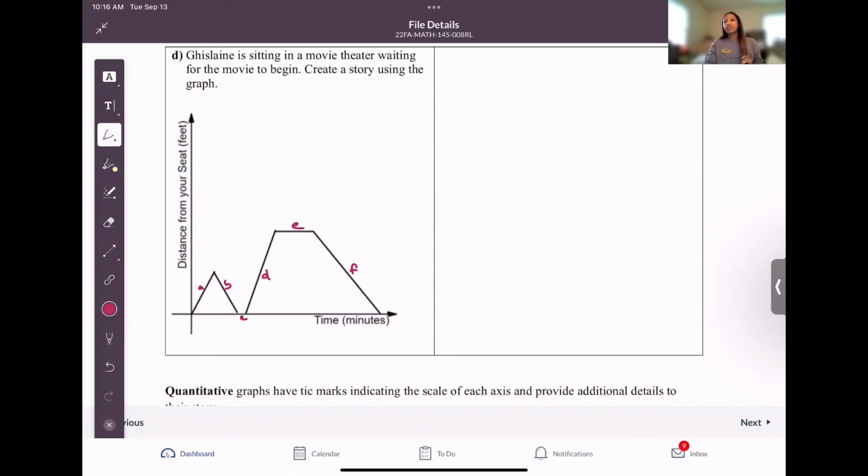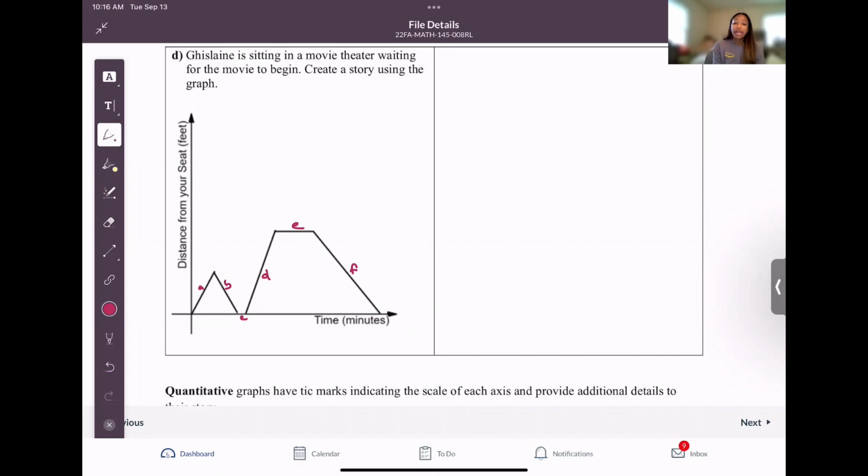And you can add as much fluff as you want to. It's really not necessary. But you can say something like, she left her seat to go to the concession stand, then realized that she left her wallet. So she went back to her seat, stopped to find her wallet, then went back to the concession stand, waited in line for her snacks, and then went back to her seat.